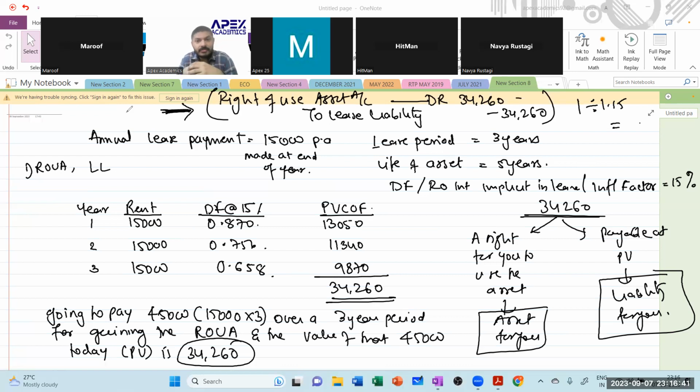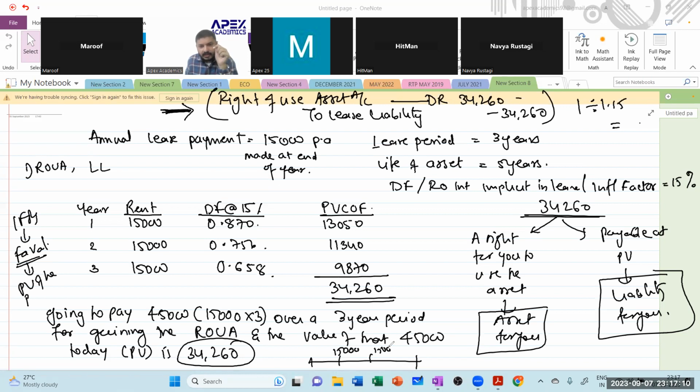Why will we make the entry for 34,260? In the starting of the lecture, I explained that IFRS does its accounting all at fair value. And at fair value, you have to take into consideration the present value of the payments. You are making 15,000 every year.